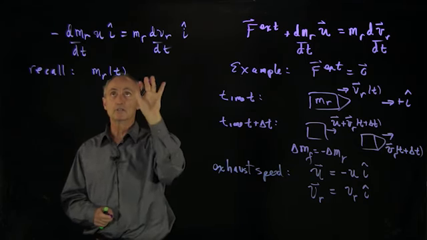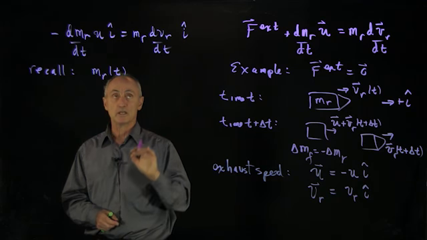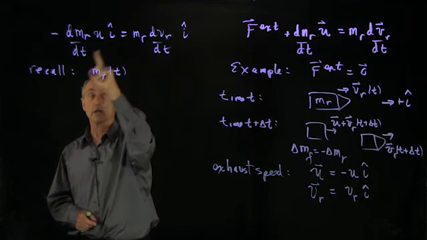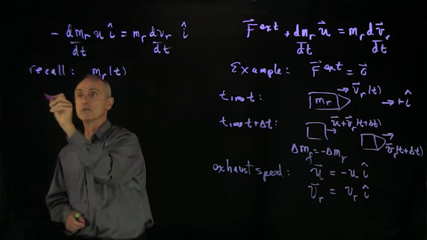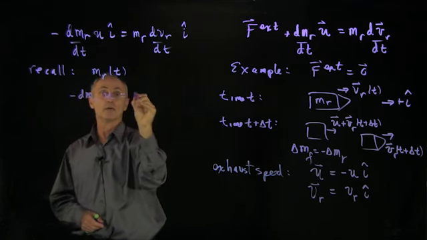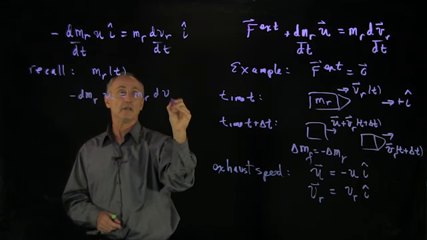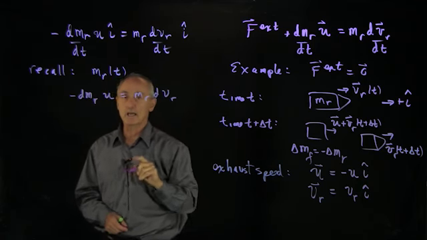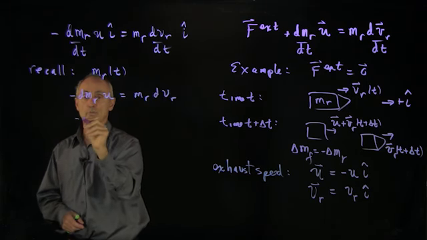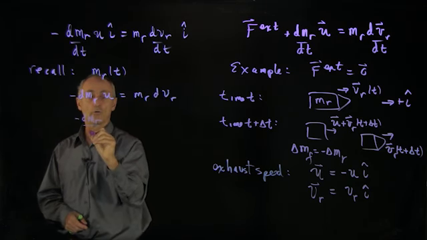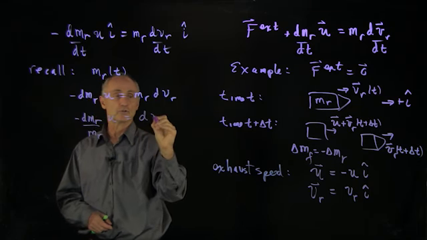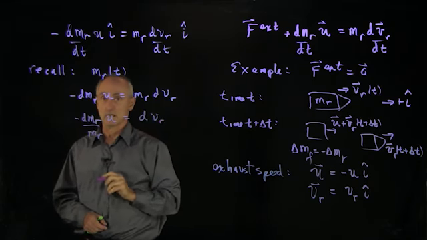But we can look at this differential equation just by eliminating the time completely by multiplying through by dt, in which case we have minus dm_r u equals m_r dv_r. Now this is separable, and I can integrate it, so I'll bring the terms minus dm_r over m_r on this side times u, and that's equal to dv_r on that side.